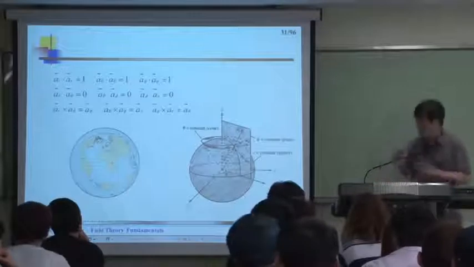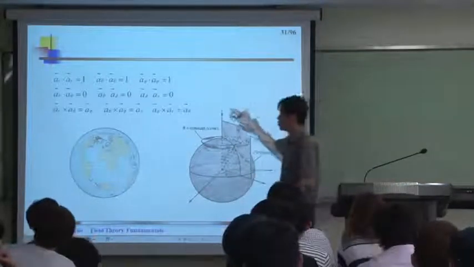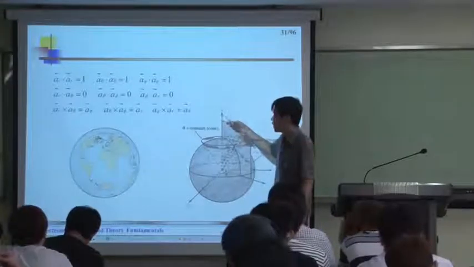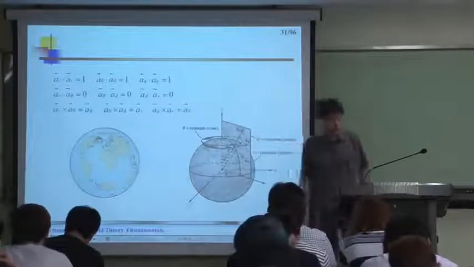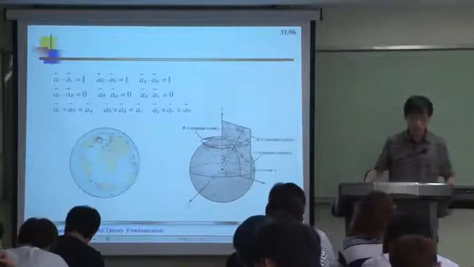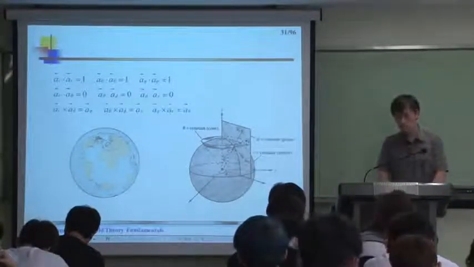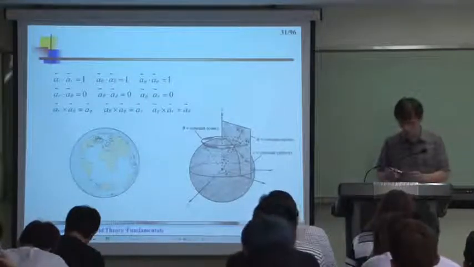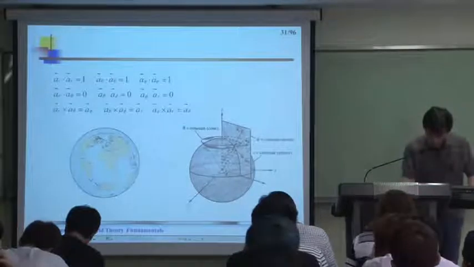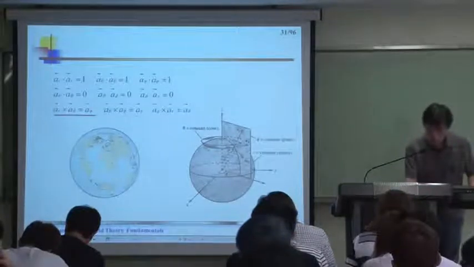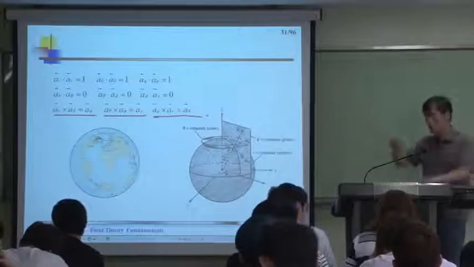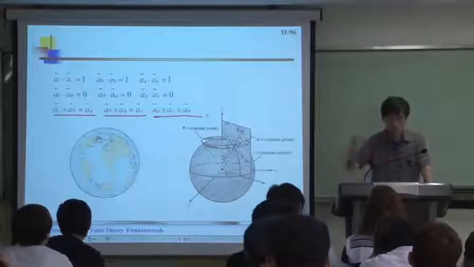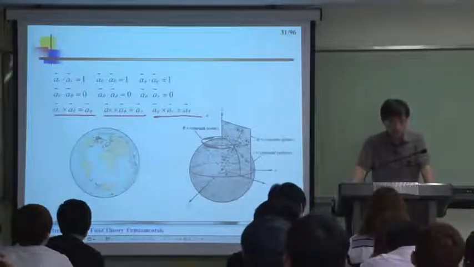Okay, I mentioned the unit vectors A R, A theta, A phi, and they are orthogonal to each other. They are perpendicular to each other. And they have these relations, a special relation with the angle rotation.